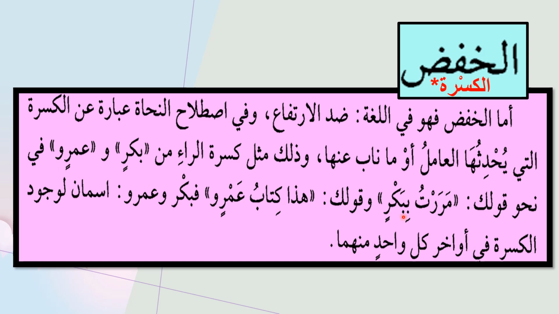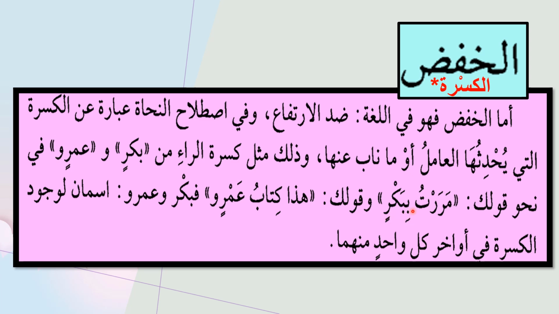In this example they have given a sentence, marartu bi bakrin. Marartu means I passed by Bakrin, meaning you passed by Abu Bakr. This is the name. So why do you think Bakrin has a kasra? What has come in front of Bakr that made this noun take a kasra?